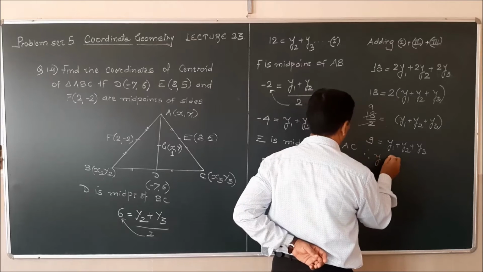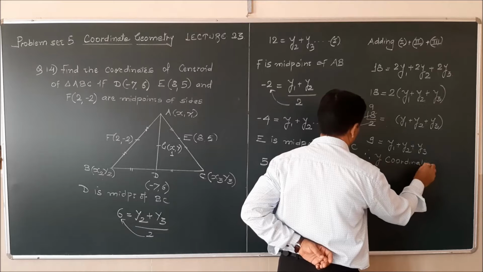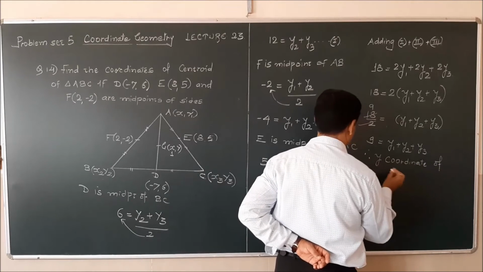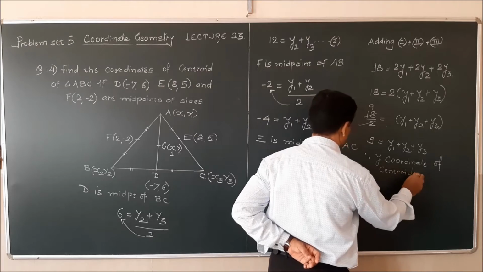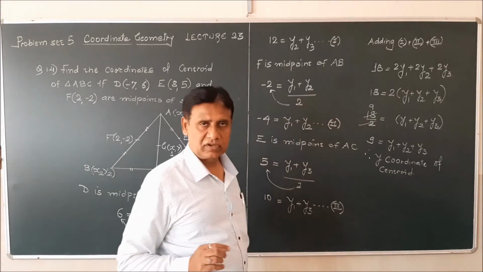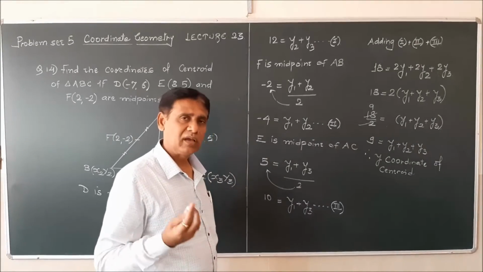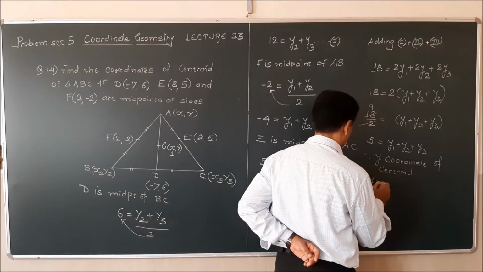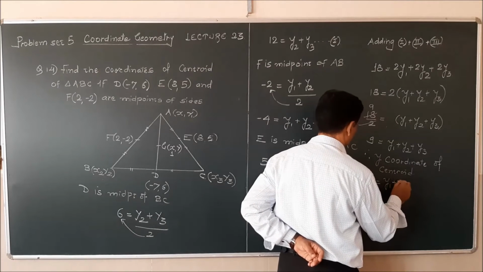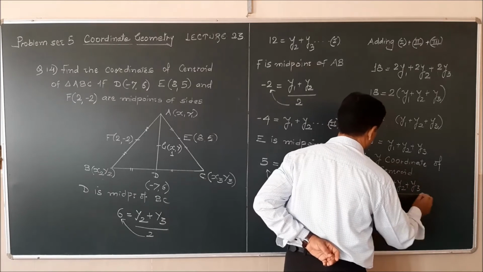Therefore, y coordinate of centroid formula is same: y1 plus y2 plus y3 upon 3. So take y is equal to y1 plus y2 plus y3 upon 3.